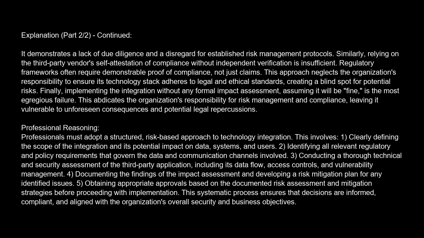Documenting the findings of the impact assessment and developing a risk mitigation plan for any identified issues. 5. Obtaining appropriate approvals based on the documented risk assessment and mitigation strategies before proceeding with implementation. This systematic process ensures that decisions are informed, compliant, and aligned with the organization's overall security and business objectives.